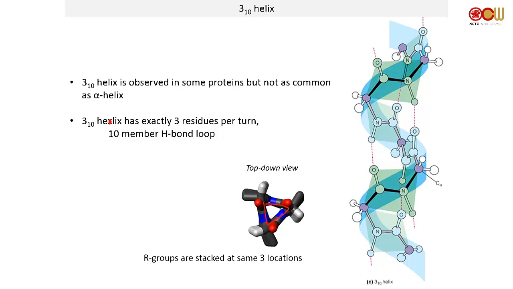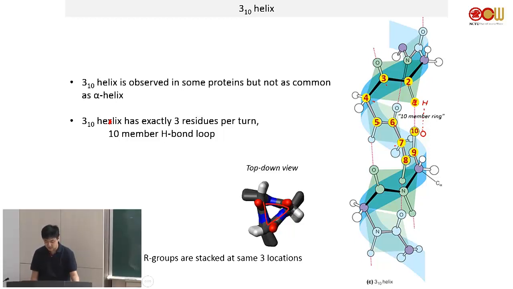Because it has 3 residues per turn, if you make the ring structure, you see how it's a 10-member ring where you start from the hydrogen donor, hydrogen being number 1, and then 2, 3, 4, 5, 6, 7, 8, 9, and then 10 is the oxygen, and then they bind. So the 3-10 helix is another type of helix, and it's not found as often as your alpha helix.